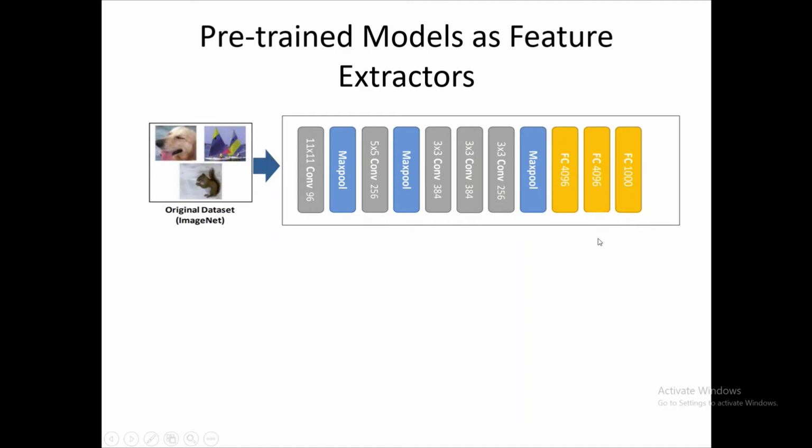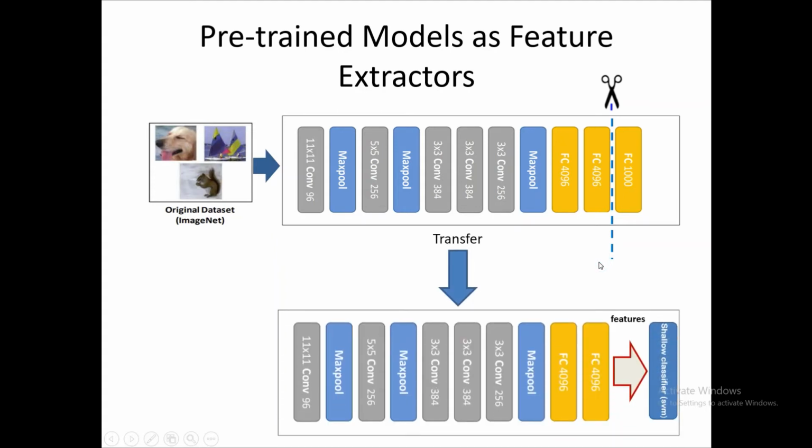What we can do here is we replace these 1000 output neurons with some shallow classifier or some linear neural network or linear classifier.